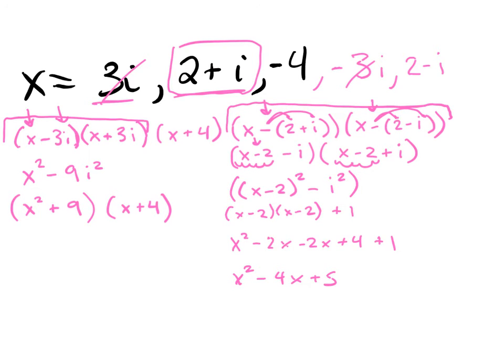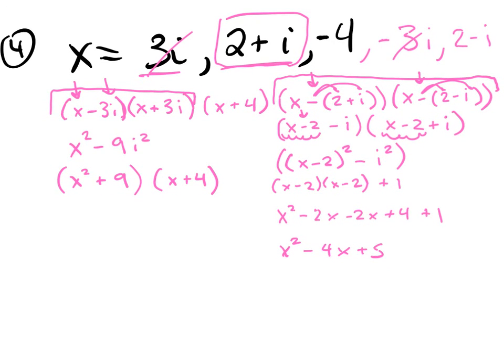So this is just the FOILed out part of here, but I still need to multiply it to our first two terms here. So this is multiplying by x plus 4 and x squared plus 9. So I'm going to FOIL these two out now. Everybody with me?